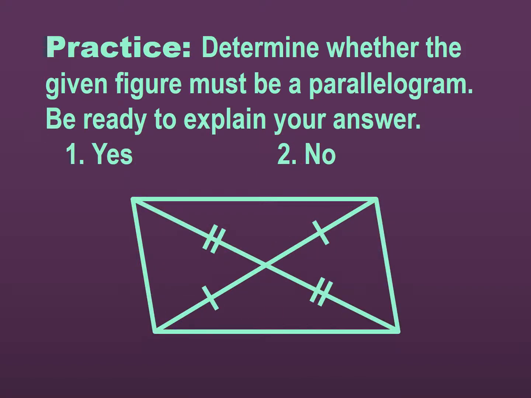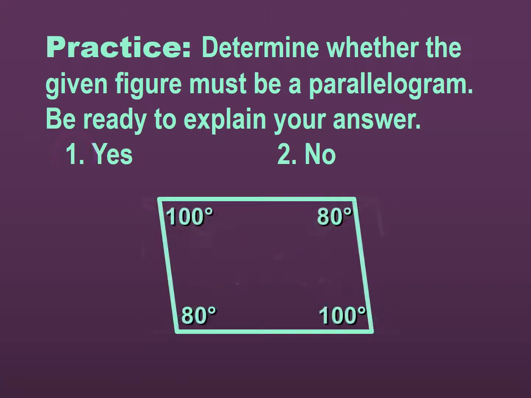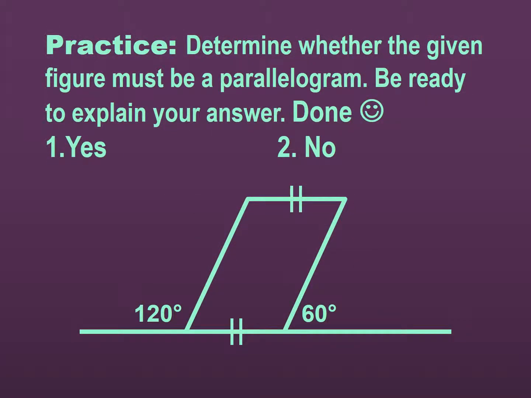And then for this one, is this a parallelogram? The answer would be yes, because the diagonals bisect each other. And then we have this one. This one is also yes, because we have opposite angles that are congruent. Last one.